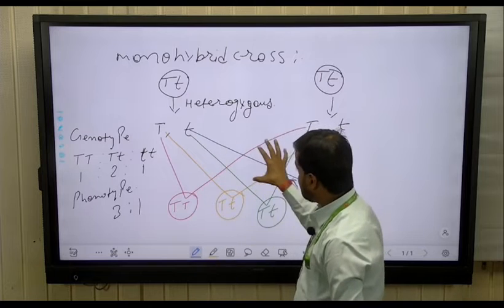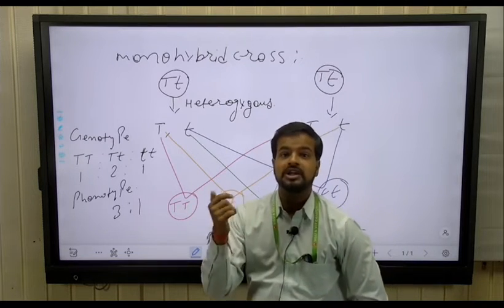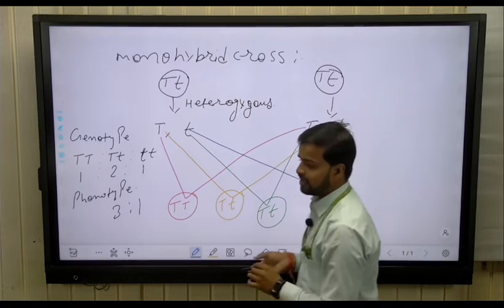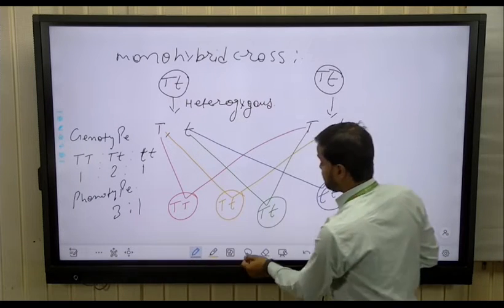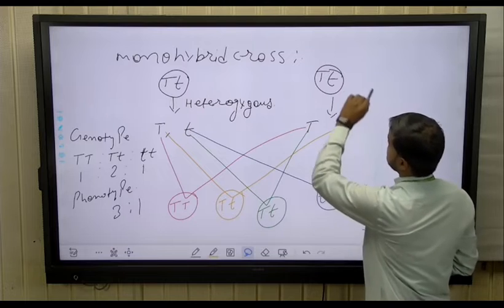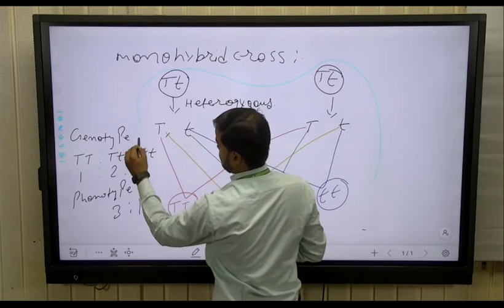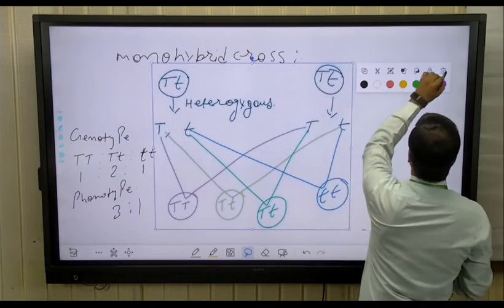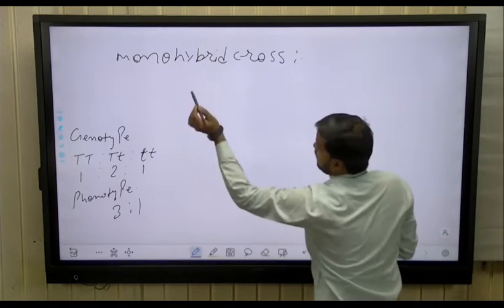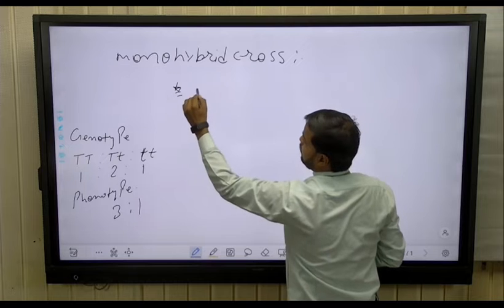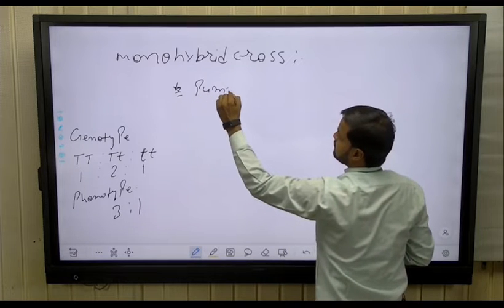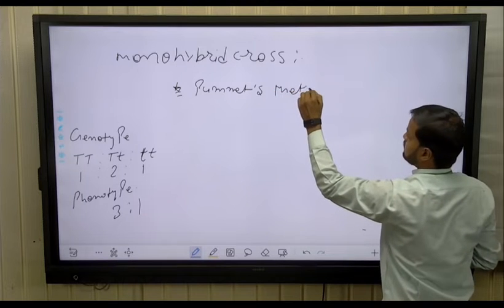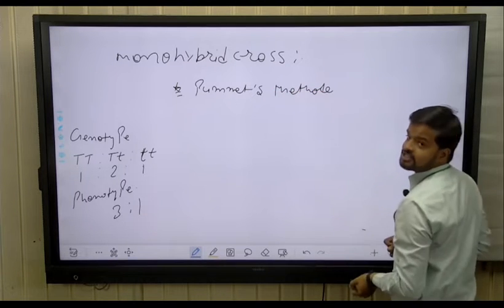But in the F2 generation we also use Punnett's method. For Punnett's method we draw another diagram. Please note it. Now we draw Punnett's method.